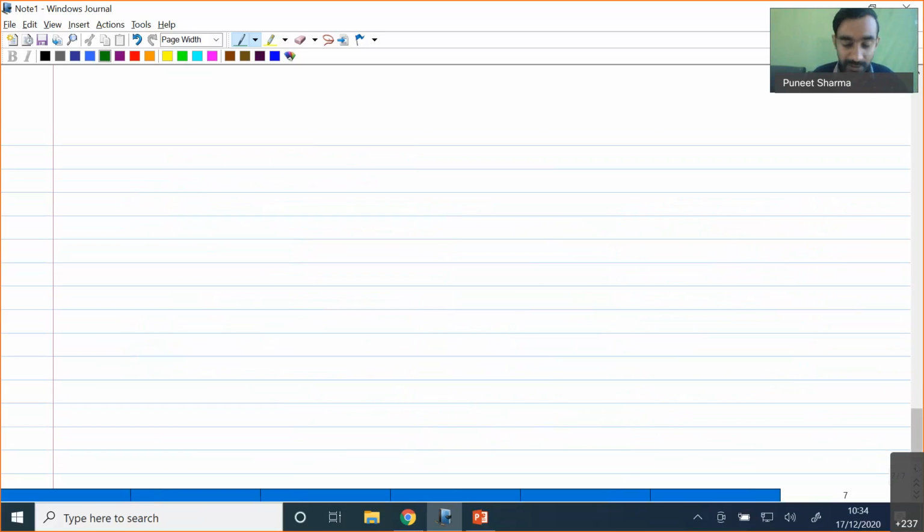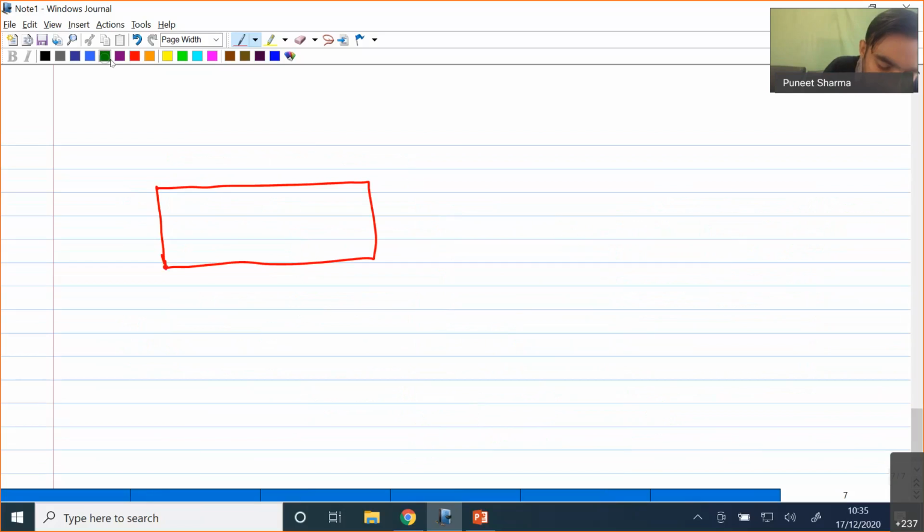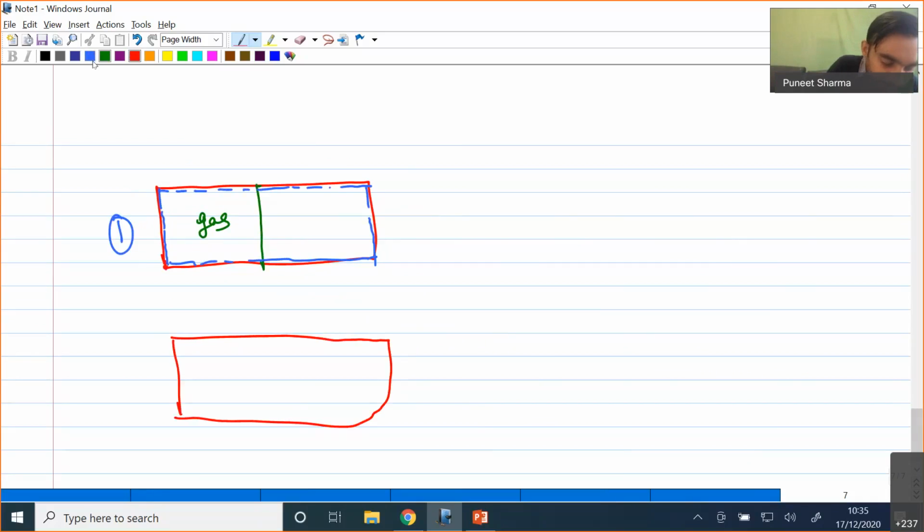Another approach could be that this is my first initial state. Let us consider gas over here. I am taking this entire container as the part of the system. So if I take the entire container as my system, this is my first state, and my second state will be the entire container as my system.